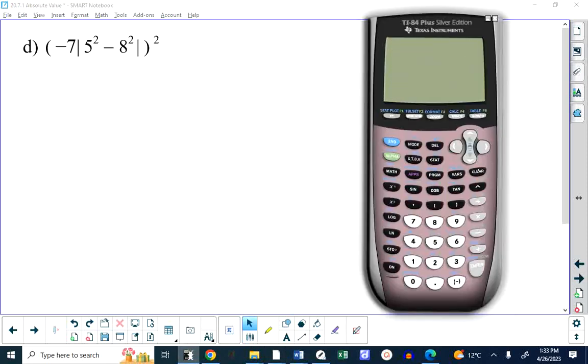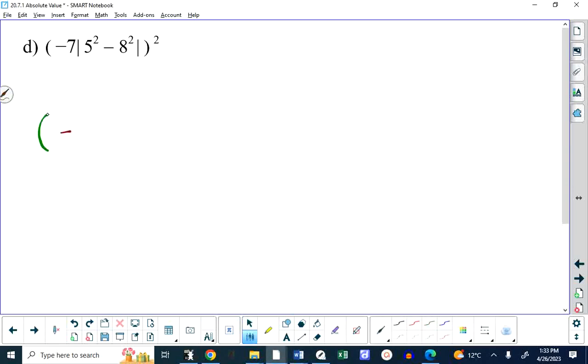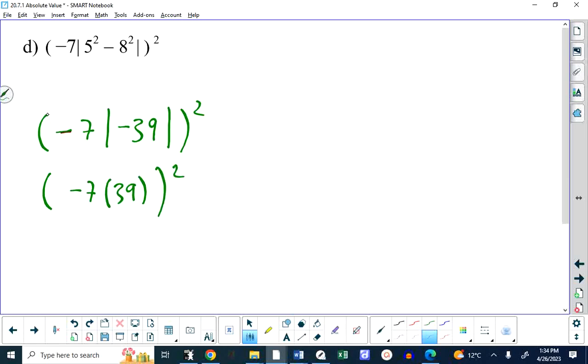Let's calculate this first. Let's calculate 5 squared minus 8 squared. Well, that's negative 39. So what we have is negative 7 times the absolute value of negative 39, all squared, which is negative 7 times 39, all squared, which I want to say is negative 273 all squared.